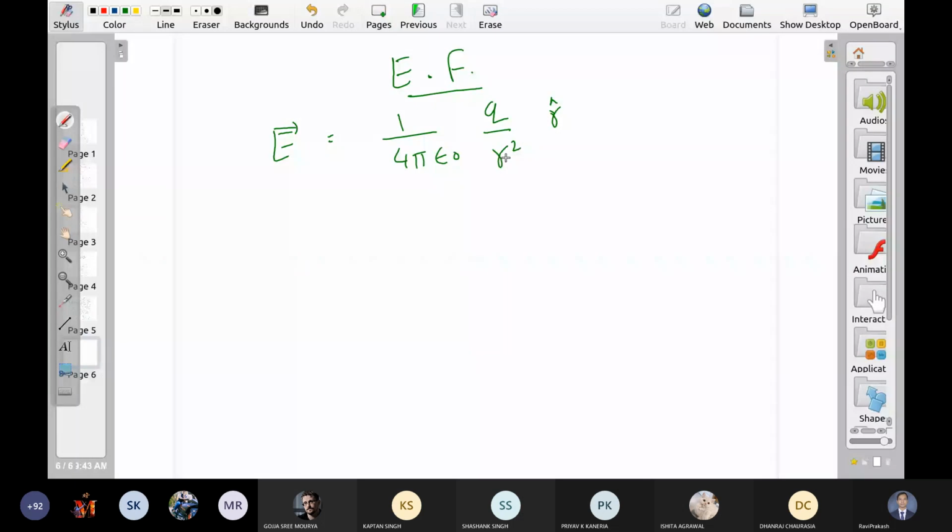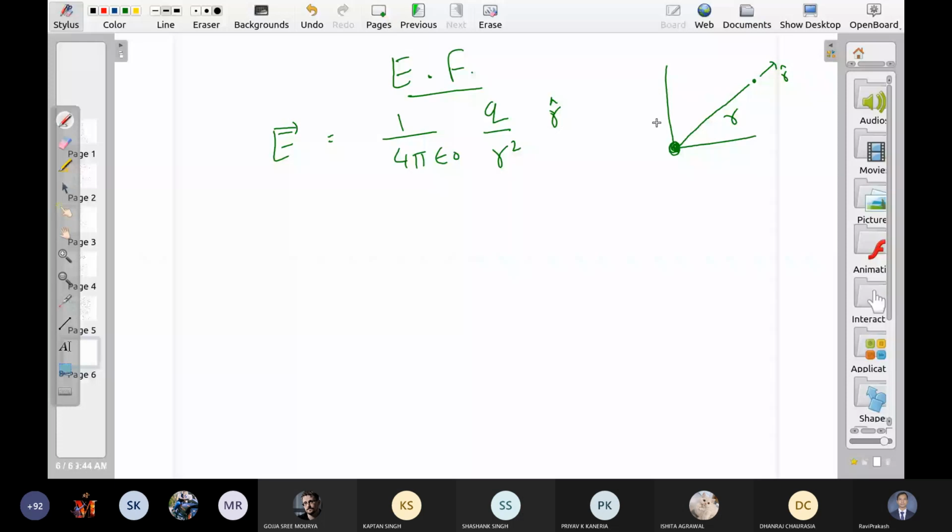It was something like this. We put charge at the origin and we are calculating field at this point. This distance is r and therefore this vector is r cap, right? For this kind of coordinate, for this kind of setup, this is the electric field.